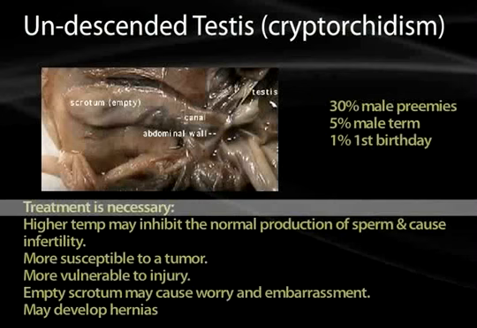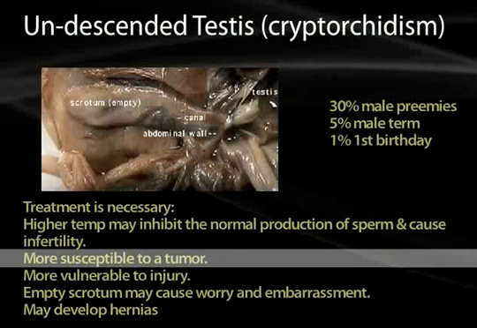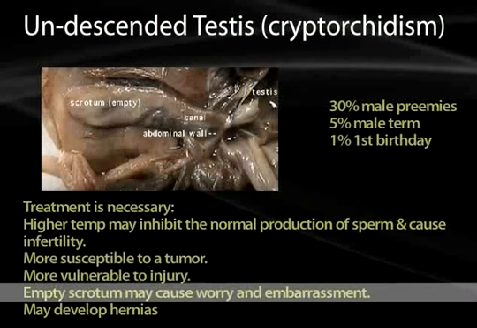It is necessary to treat these, though, because at the higher temperatures it can inhibit normal sperm production through spermiogenesis and result in infertility. Also, and more importantly, an undescended testis is more susceptible to cancers and tumors. An empty scrotum can cause some worry and some embarrassment, so those are other reasons why you'd want to operate to get them descended.